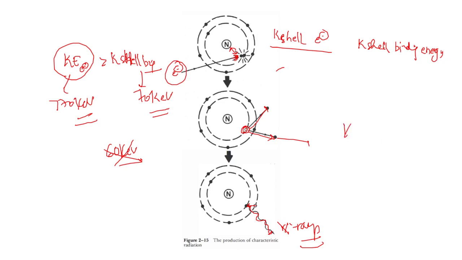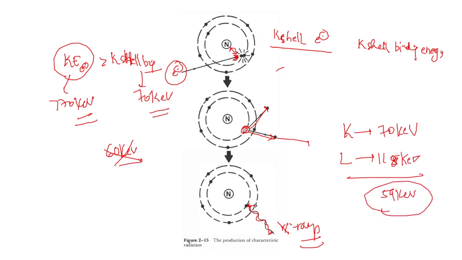Now, the K shell has a binding energy of 70 kilo electron volts, and the L shell has a binding energy of 11 kilo electron volts. So the difference of around 59 kilo electron volts is converted into X-rays.